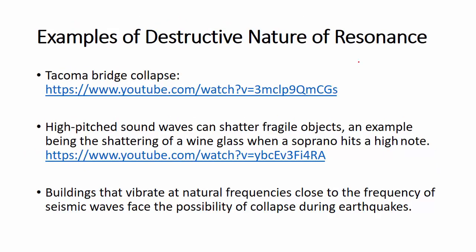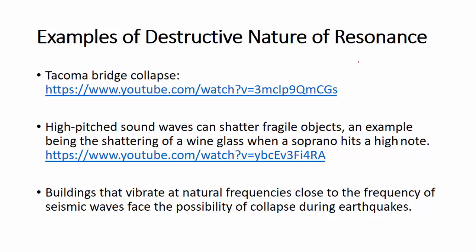Let's look at one possible destructive nature of resonance. In the case of a bridge, for example, if the construction of the bridge is not proper, if it is built in such a way that it happens to match the natural frequency of the wind blowing at a certain rate, then it can cause destruction to the bridge.